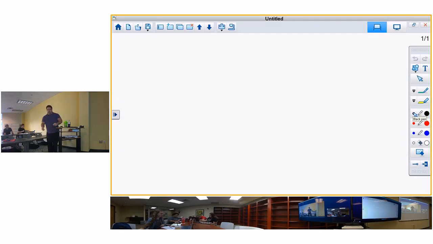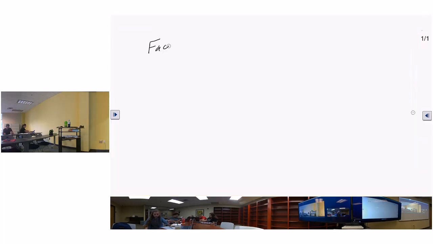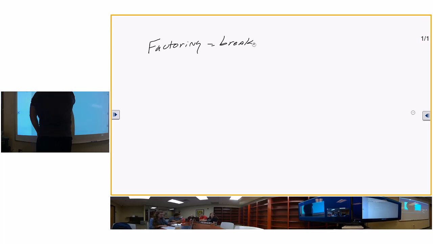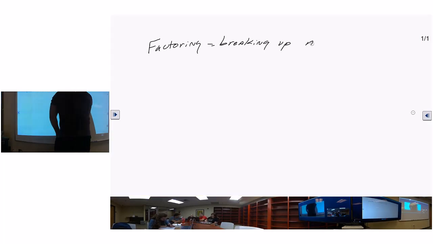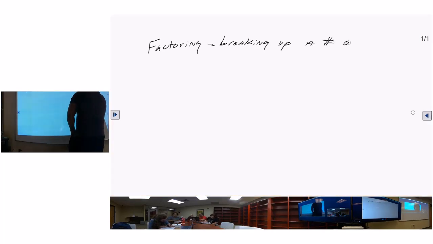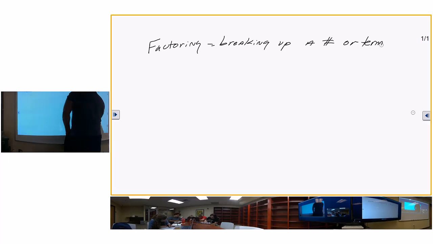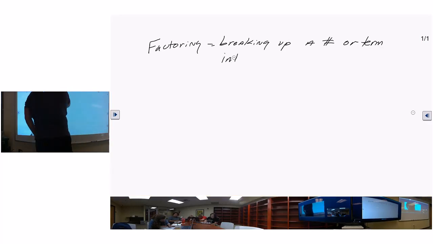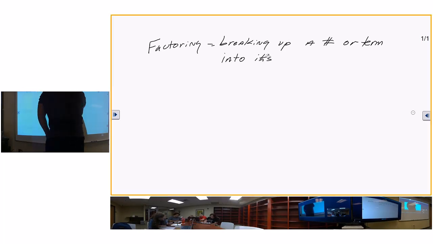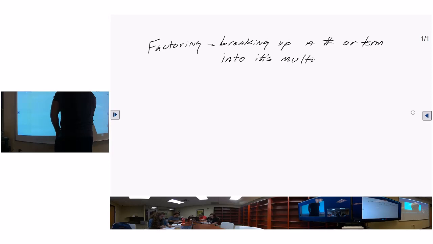Factoring is breaking up a number or a term into its factors, its multiples or its factors.